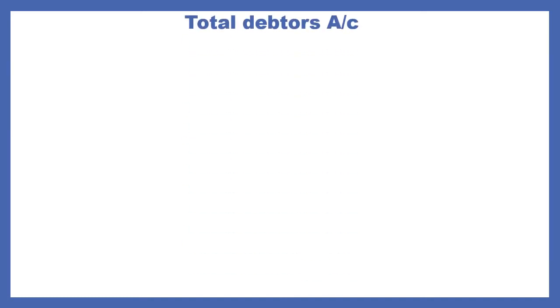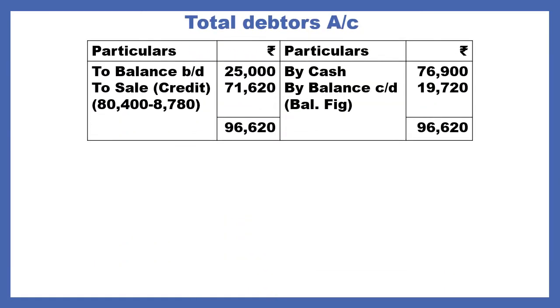So next, preparation of total debtors account. Debtors opening balance is given, to balance brought down 25,000. Then cash received from debtors by cash account 76,900. Then to sales, they have given the total sales 80,400, and in the cash account we have identified the cash sales.